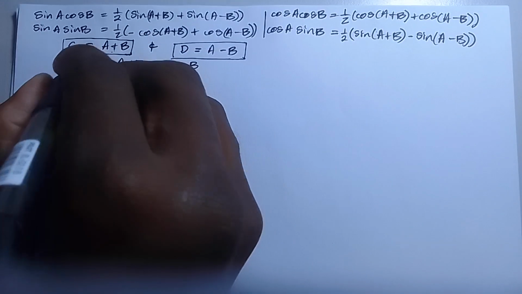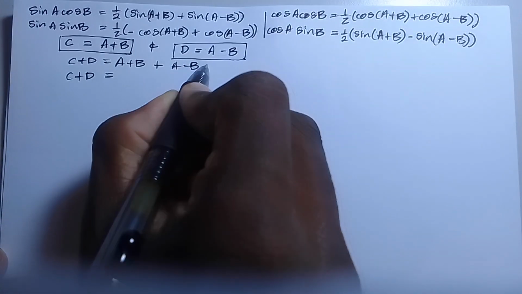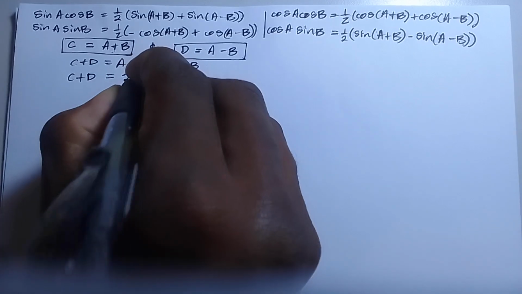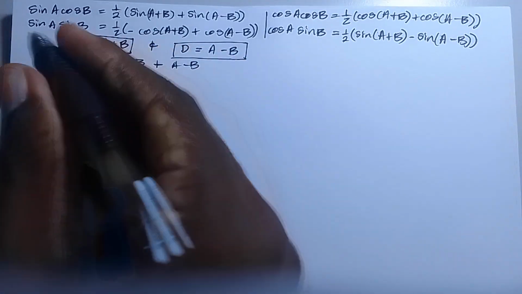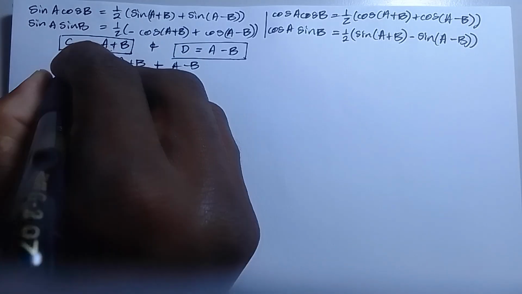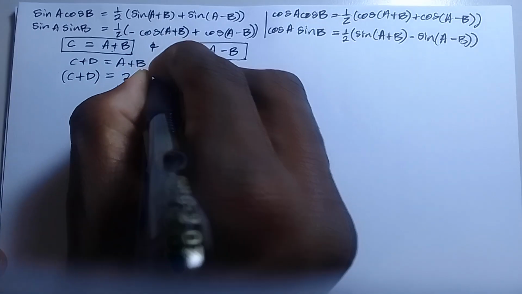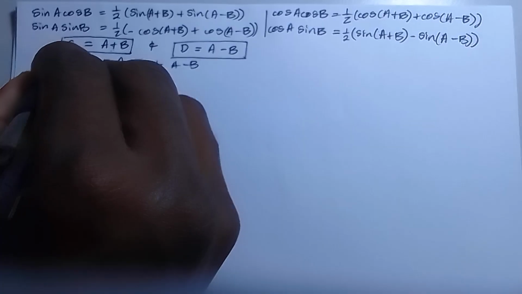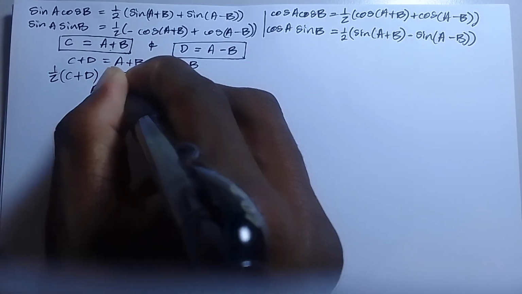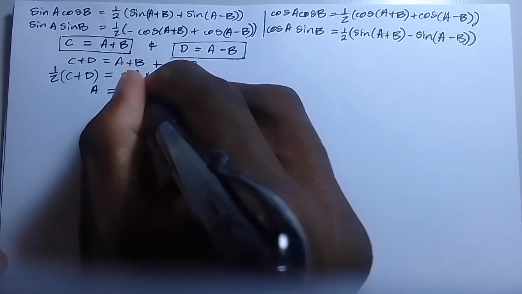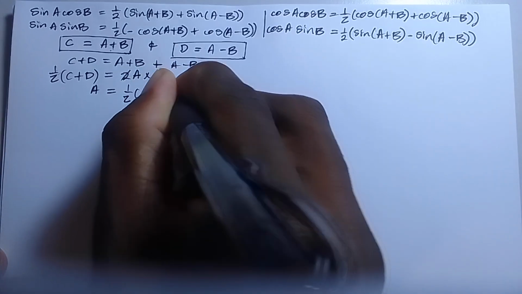Okay, so C plus D is equal to, now what's going to happen here is the B and the B will cancel, and you have 2A. And then you divide by 2 both sides, or you multiply by a half. So multiply by a half this side, multiply by a half this side, the 2 cancel that one, and you have A is 1 over 2 into C plus D.